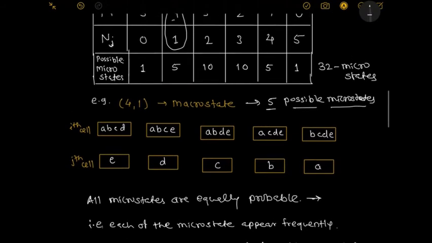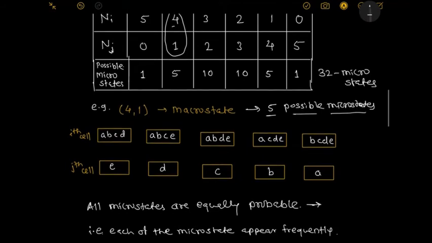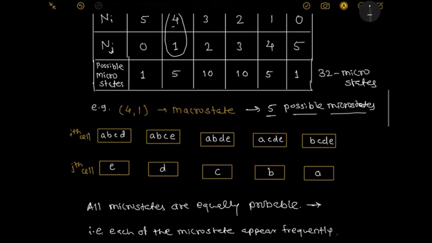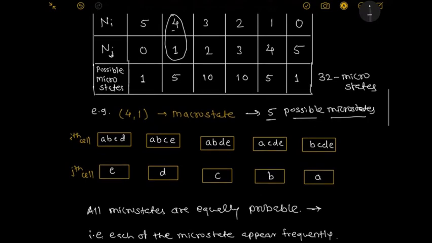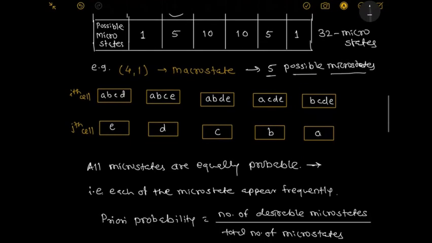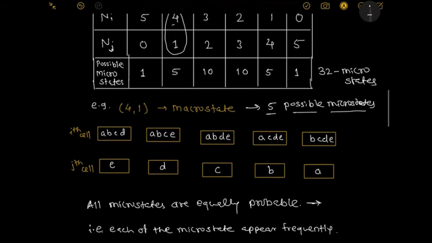Now we find how we calculate the a priori probability, which is equally probable. The a priori probability we define as the number of desirable microstates for a given macrostate divided by the total number of microstates. Hence, we first calculate the a priori probability for one macrostate, here the macrostate 5 0. The possible microstate is 1 out of 32.